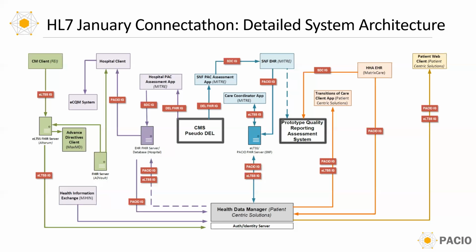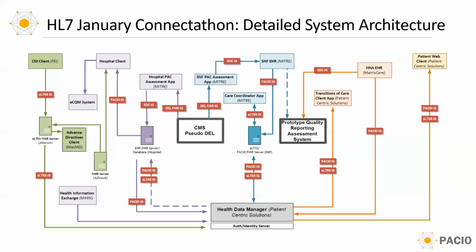The other is, if, for example, this is a remote monitoring device for a particular hospital or skilled nursing facility, it could go directly to that EHR system, and then hopefully, in this particular architecture, also go to the health data manager so that everybody gets access to it. In this architecture, the health data manager is the central source of truth.